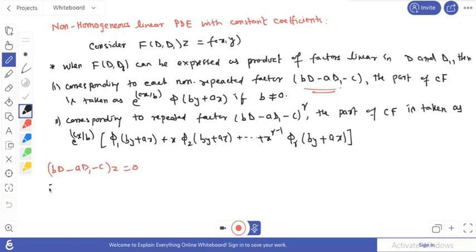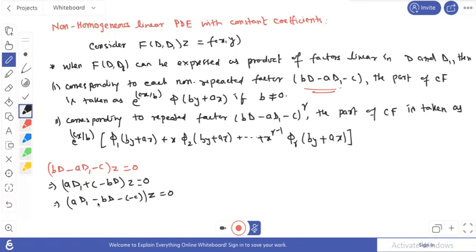So this means you can write ad1 plus c minus bd of z equals 0. This equals a of d1 minus of bd minus of minus c, of z equals 0. We could also write it by rearranging this term.